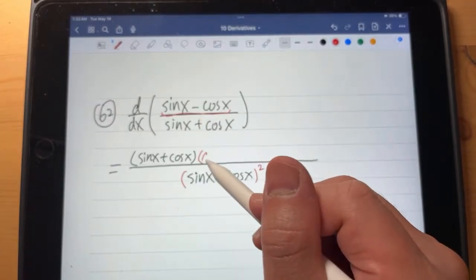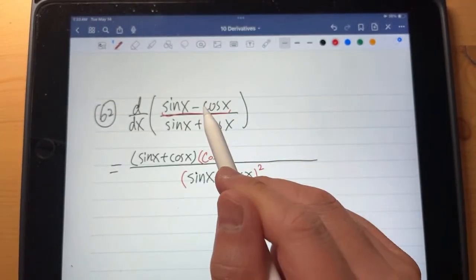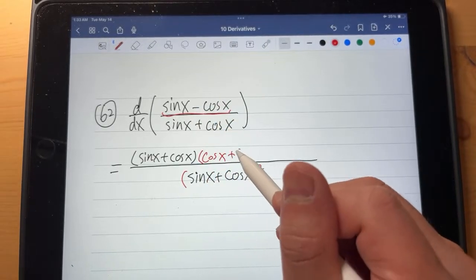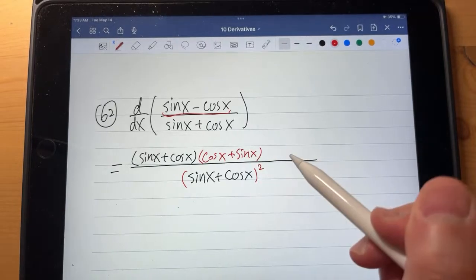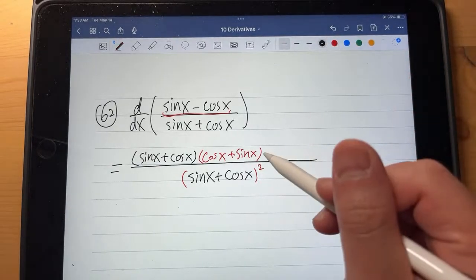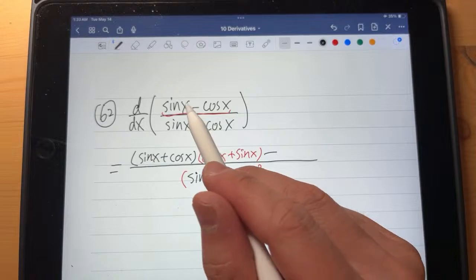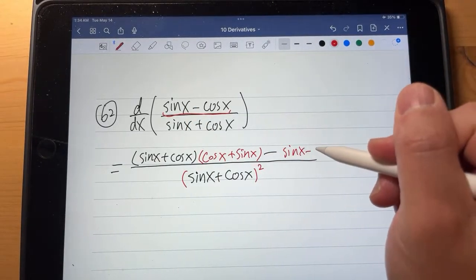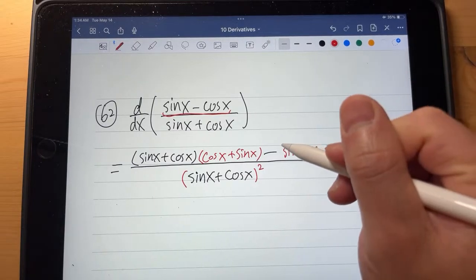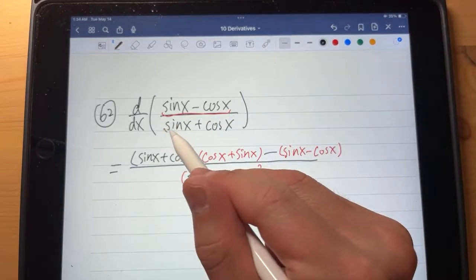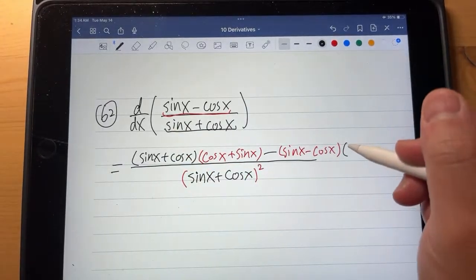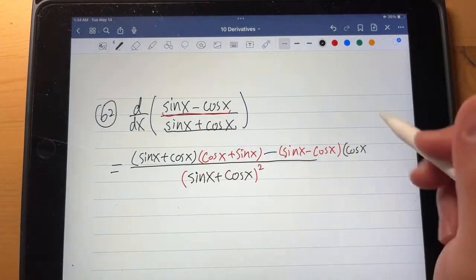Derivative of sine is cosine. Derivative of negative cosine x gives us positive sine x. Then we have to subtract the top function, which is sine x minus cosine x, and then multiply by the derivative of the bottom, which is cosine and then minus sine.